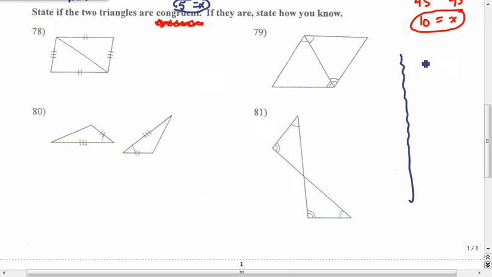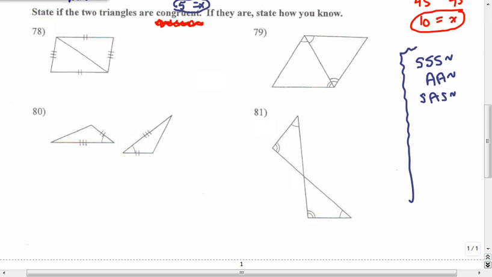We have side, side, side similarity. We have what else? We have angle, angle similarity and side, angle, side similarity. That's for similarity, but we're asked for congruence here. Congruence doesn't mean that the sides are proportional. Congruence means that the sides are exactly the same.